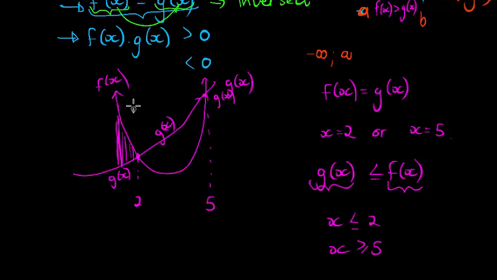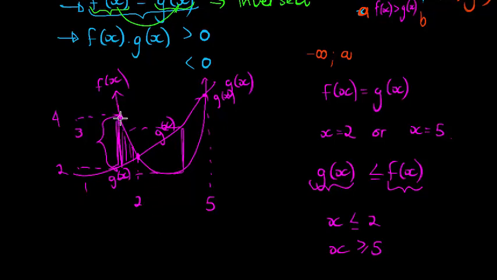Here, between here and here, maybe now I need to know the y values, because now let's say this is the value 4 and that's the value 2. Okay, and let's say here we have the value 3 and here we have the value 1.